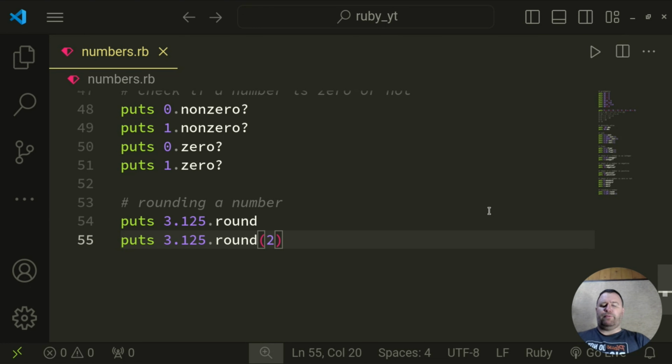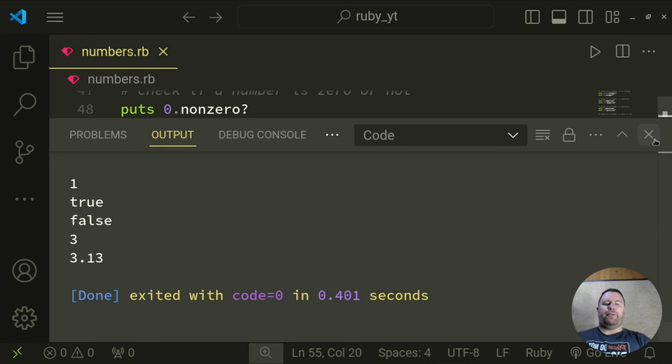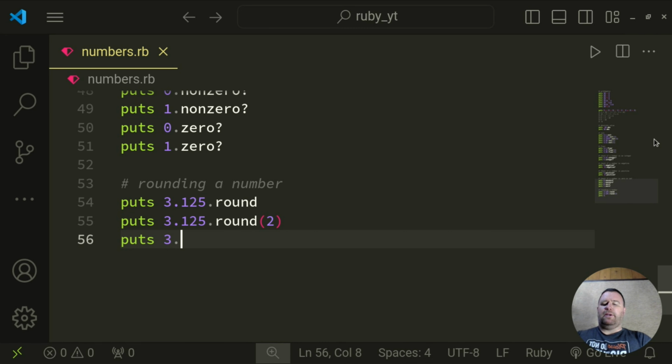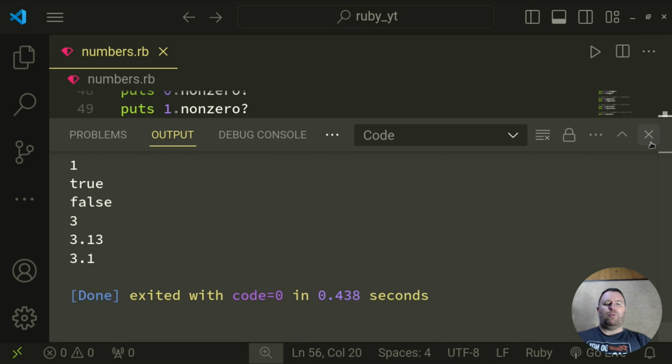We should get 3.13 because we have a 5 after the 2, and we get 3.13. Likewise, if I did puts 3.125.round to the first decimal place, since there's a 2 after the 1, we should get 3.1. So run that, we get 3.1.